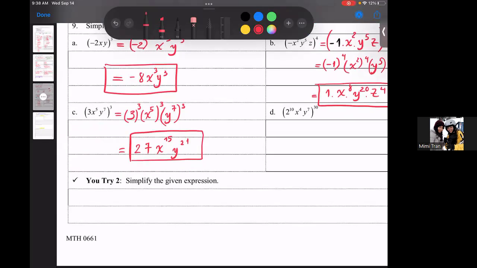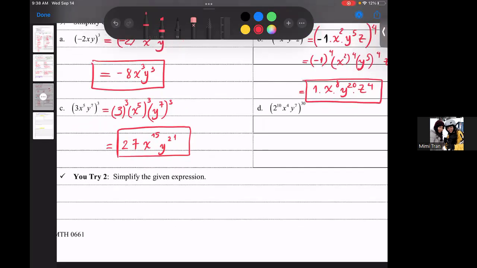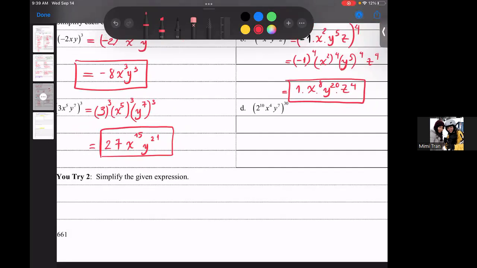We're going to skip You Try 2. I don't have You Try 2 on it because I don't have time. So what do you have? Anyone have the answer yet?